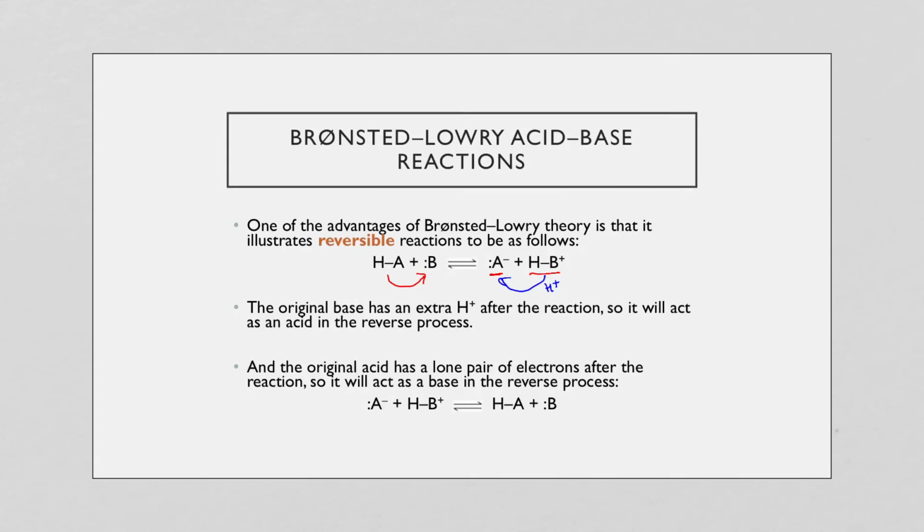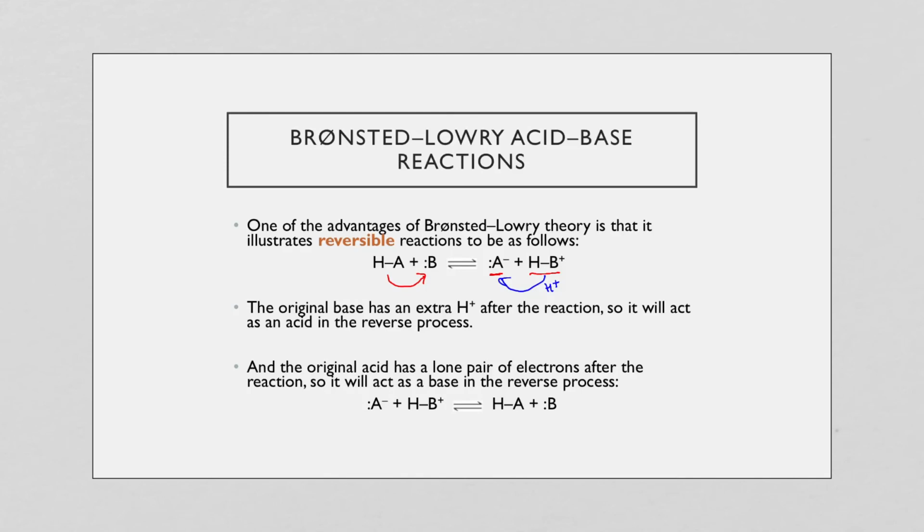So now this is our acid and this is our base, and we generate what were our reactants again. So this gives us a nice way to look at reversible reactions in terms of their acid-base characteristics.